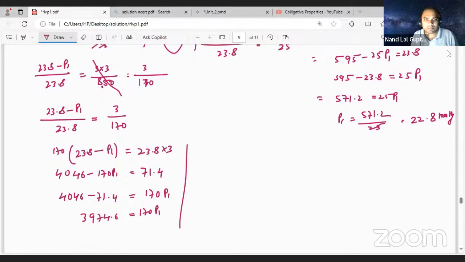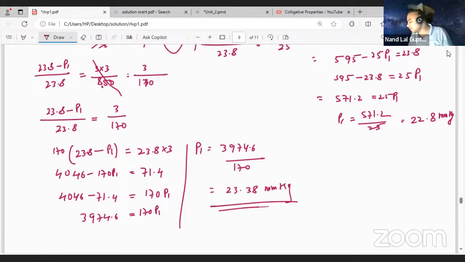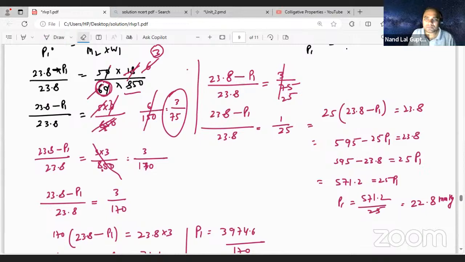So P1 is equal to 3974.6 divided by 170. Now it is coming 23.38 mmHg. This is exactly what they have given in the answer, 23.4 is the answer. So a little bit of error came because of some mistake we did.